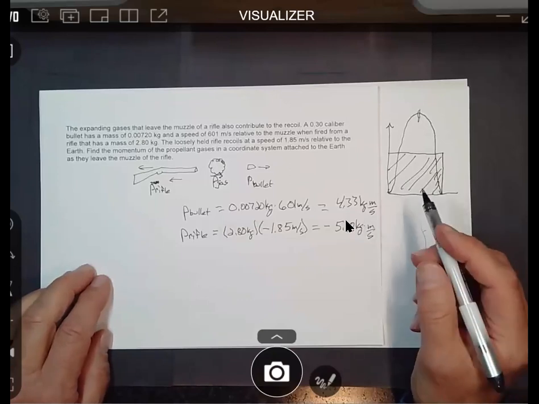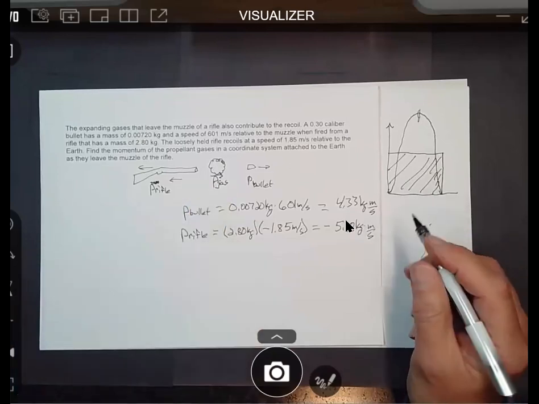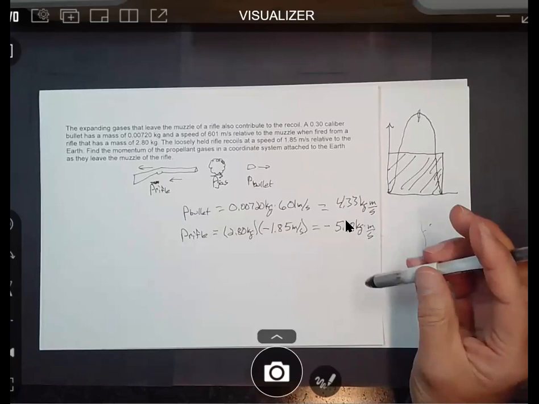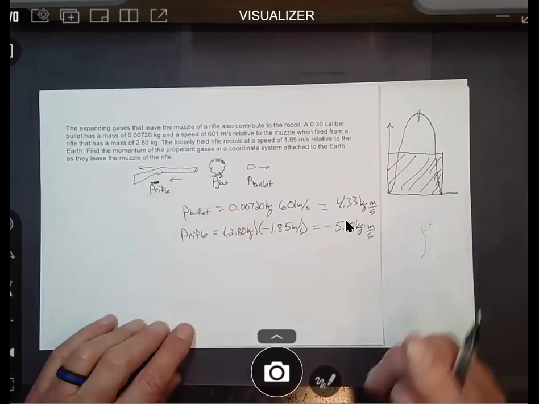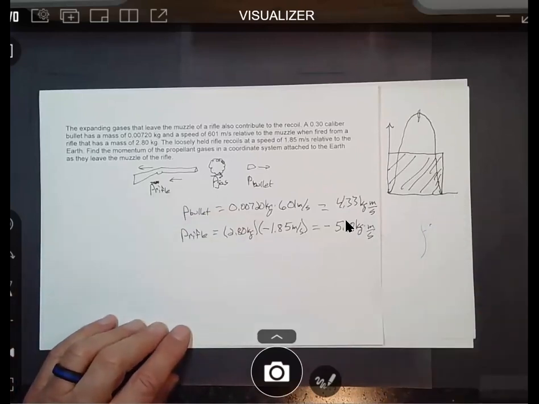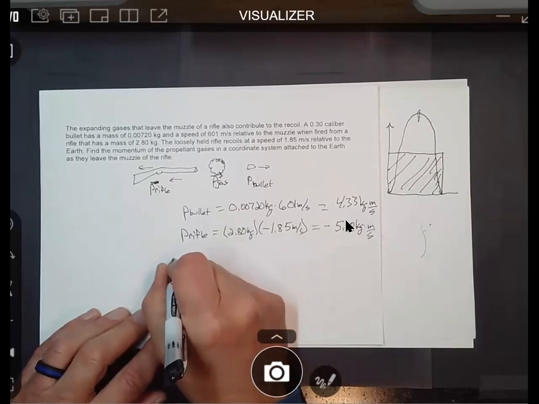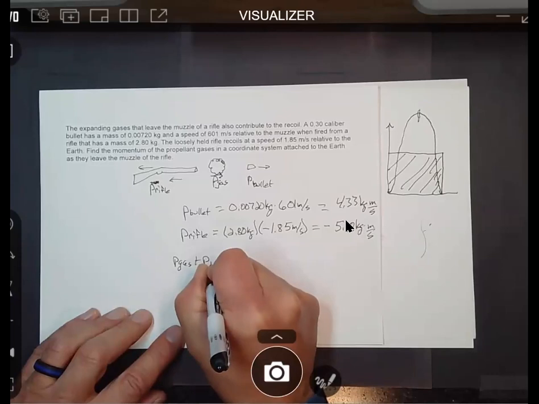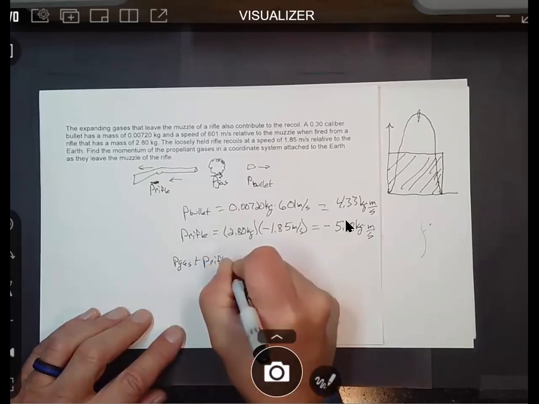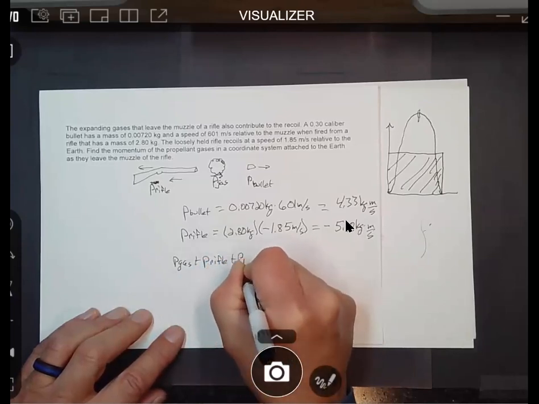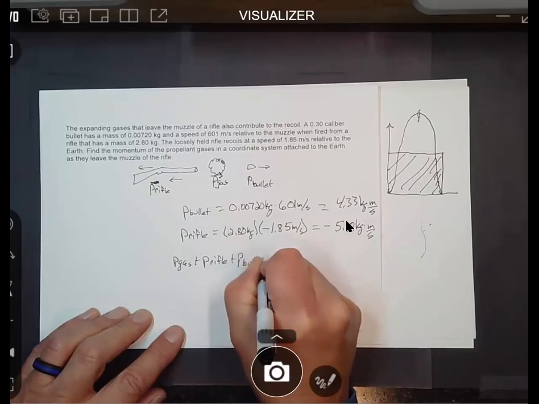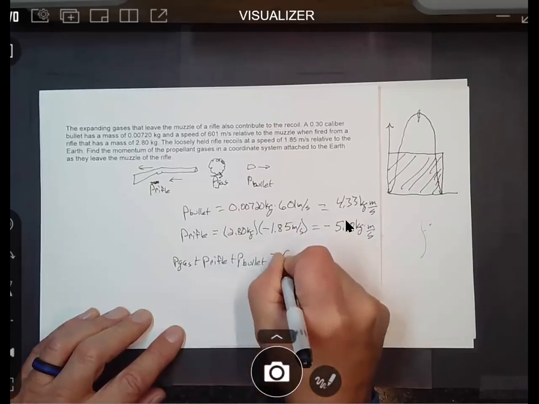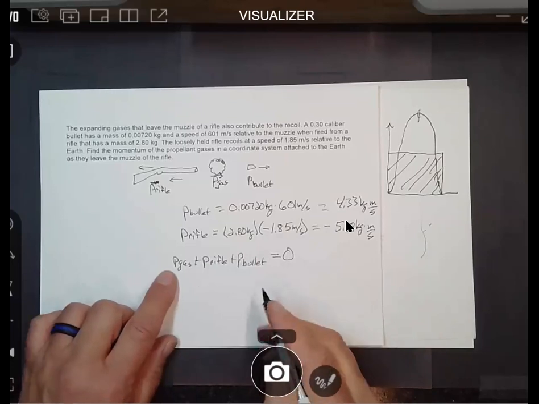And that is that the gas here must have a momentum that's headed to the right as well. And so we have P gas plus P rifle plus P bullet. The momentum of all of those things has to add to zero, but that's not what we have.